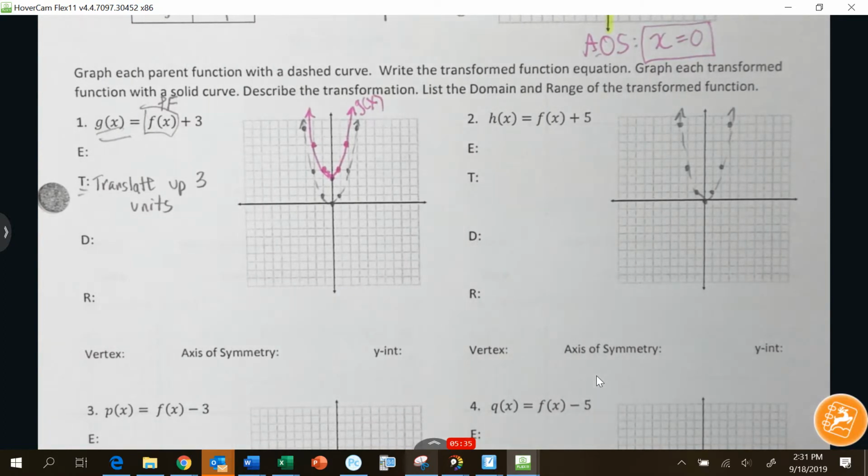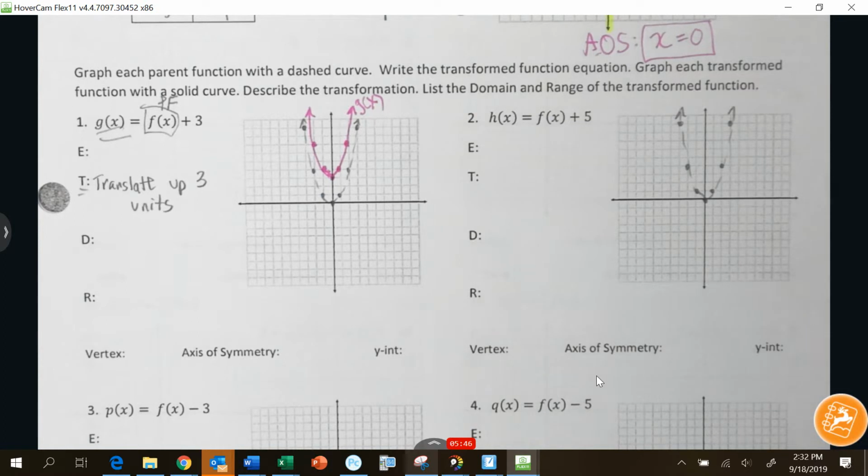And that's all you need to do. There will not be an answer key posted. So if you do get stuck on something, you could come see me in XH, or we could talk about it on Friday. On Friday, we're going to finish this.